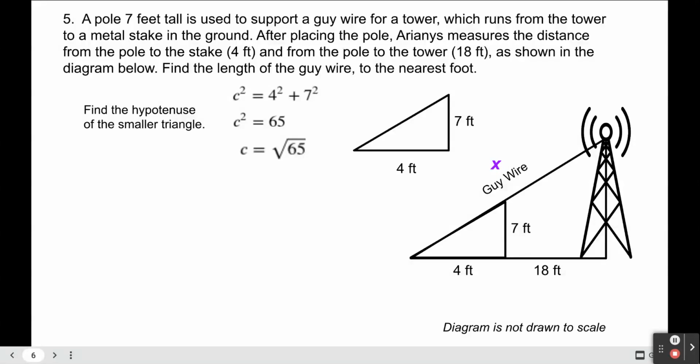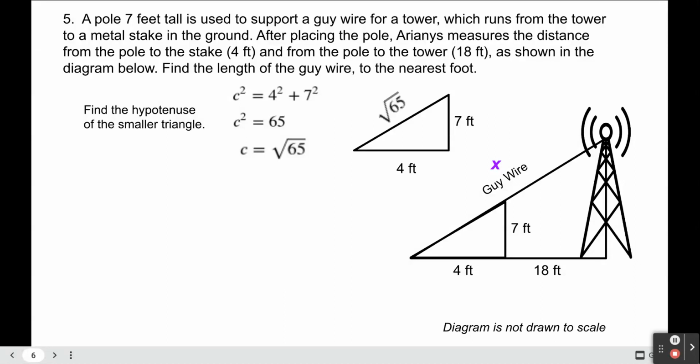We're not able to simplify the square root of 65 because its prime factors are 5 and 13. So it's actually best just to use the square root of 65 in our work, because if we rounded the answer now to a decimal, it would make our final answer slightly off. So it's better to use this exact value of the square root of 65.